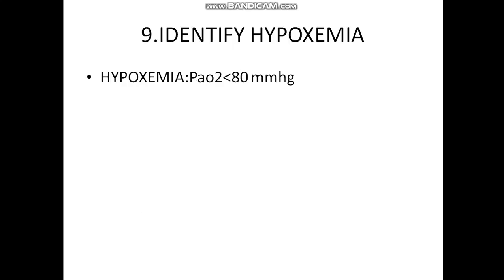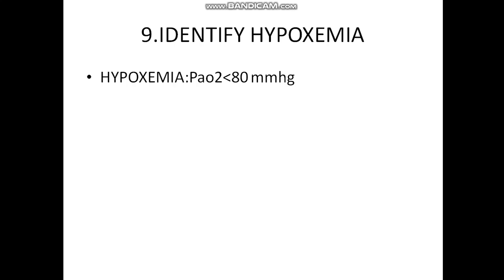Coming to the last step, that is to identify hypoxia. Hypoxia is defined by a PaO2 of less than 80 mmHg on room air. Again, we have various mechanisms for hypoxia, which we differentiate by calculating the alveolar-arterial gradient. So what is this gradient?